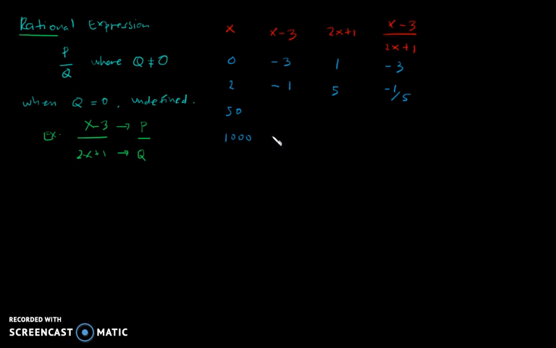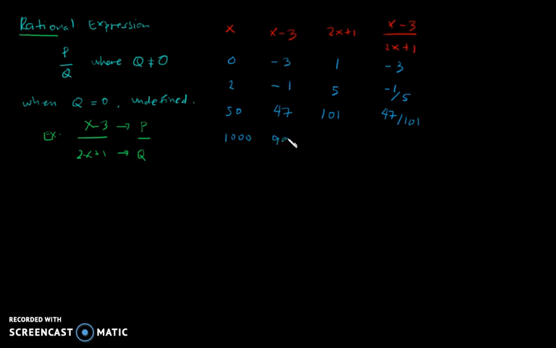How about 50? 50 minus 3 would be 47, and 2 times 50 plus 1 becomes 101. So here I have 47 over 101.